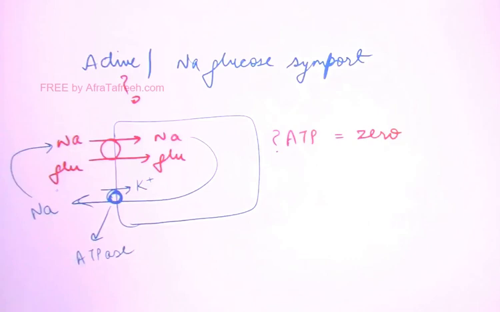Energy is not used when glucose is coming inside, right? This is a way of glucose transport, active transport, but energy is not used when glucose is entering. Energy is used when the sodium-potassium ATPase pump is used. That's why when in books you read this topic, they do not write it as active transport. They write secondary active transport, also known as indirect active transport, because energy is used indirectly.